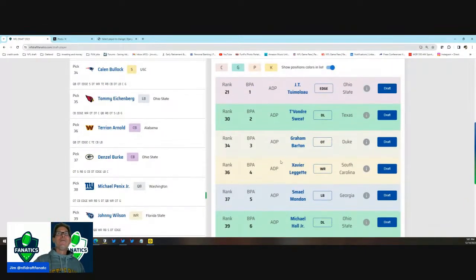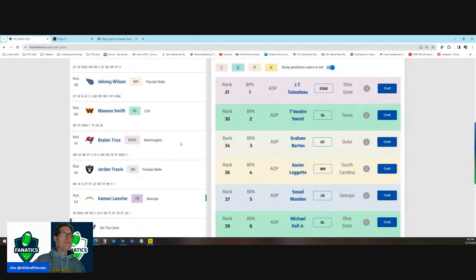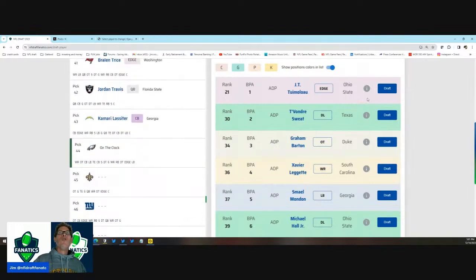Okay. Now, round 2 to the Eagles. Would they take a second edge, or would they take the defensive line? But look at who's at the top of the draft card. Again, that's the round challenge working very effectively. I like Xavier Leggett above those two, especially if the Eagles went edge.